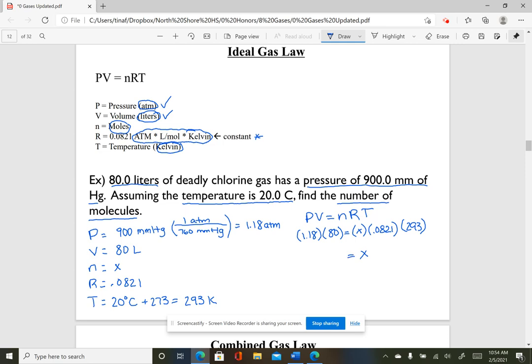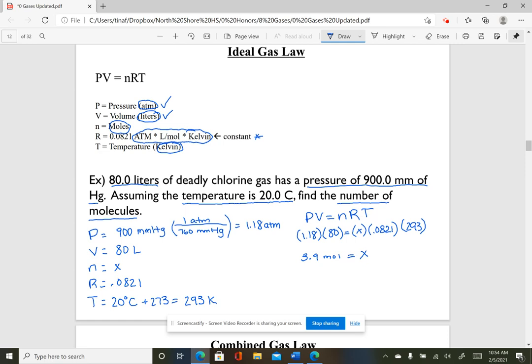So 1.18 times 80 is going to be divided by 0.0821 times 293. You guys should put this in your calculator as well. Make sure you're using your parentheses correctly. So I'm getting 3.9 as my number of, we solved for moles.